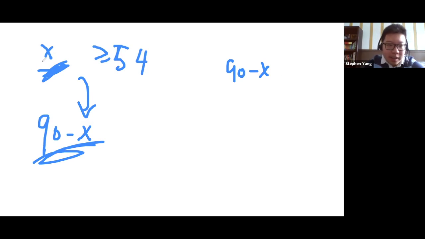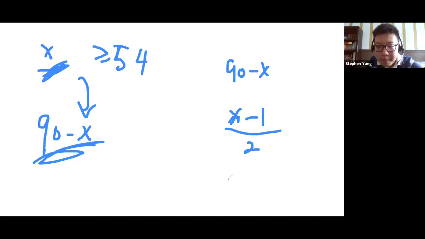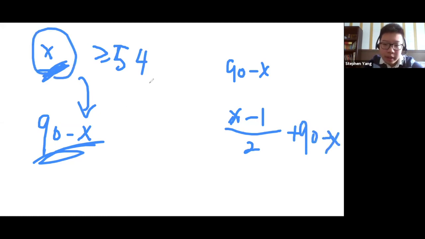Each person within this X people will be playing against exactly X minus 1 people, because you're not going to play against yourself, which means you get (X minus 1) over 2 points plus 90 minus X. So each player in this X people will get this many points, and this score must be greater than or equal to 54.